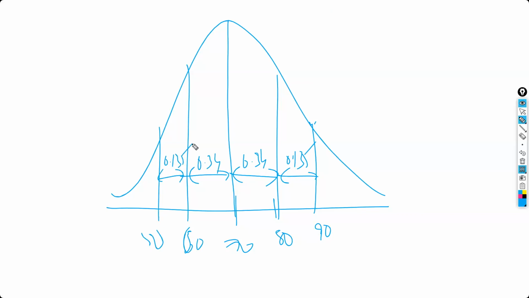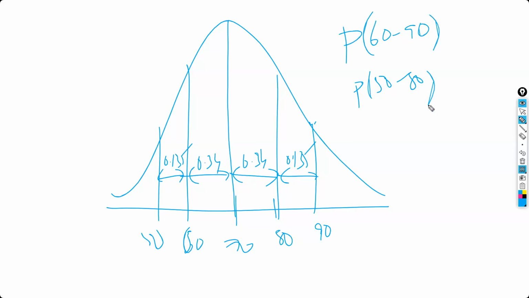Now, what is the question I asked? What is the answer of 60 to 90? 81.5. 50 to 90, 70 to 90, 0.475.